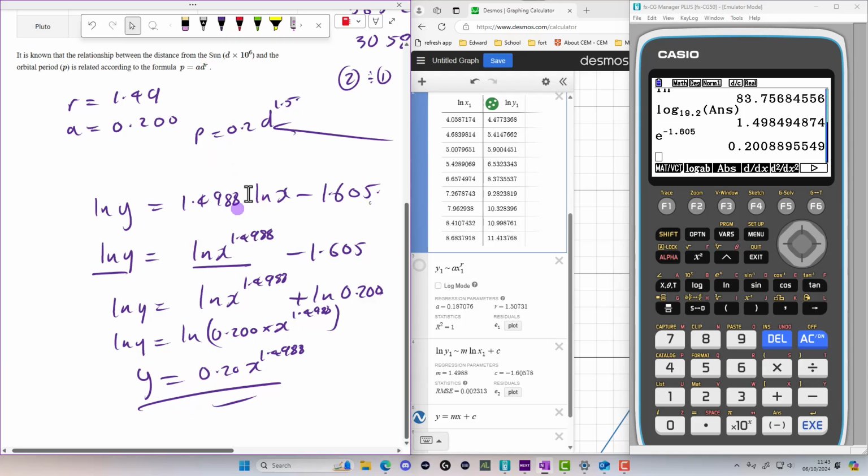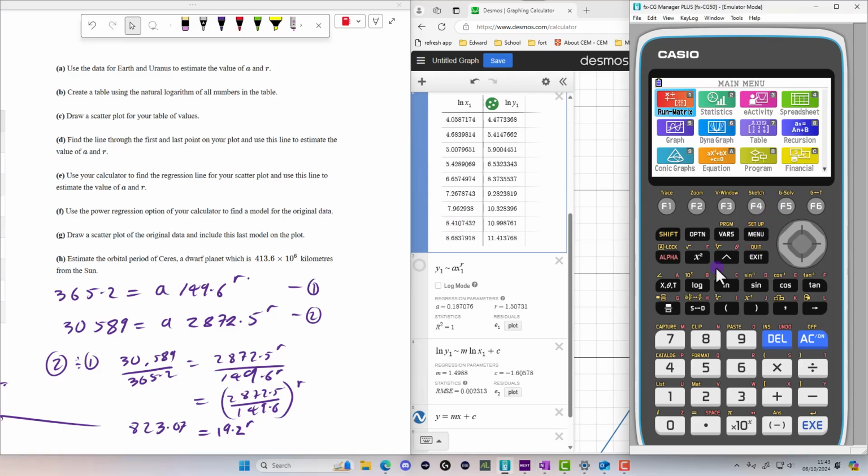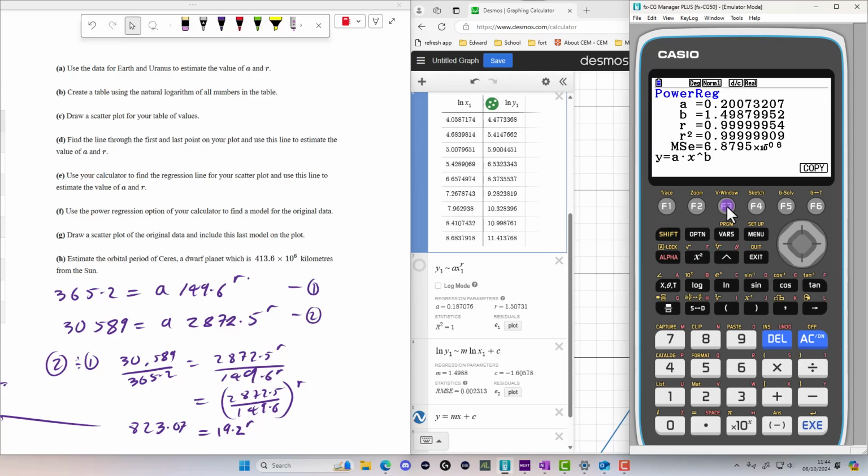And you can see I've now got the value I've got here and I've got here. Now, let's go back to our questions. We've used our regression line to find the value. Now I'm going to use the power regression option on our calculator to find the model of the original data. If I go to menu 2, you can see I've put the data in already. I put the x values into list 1, the y values into list 2, press calc, use regression, and I want to find the power regression.